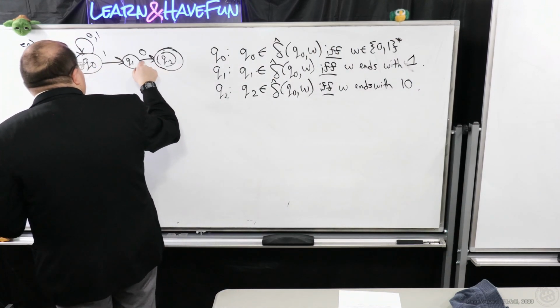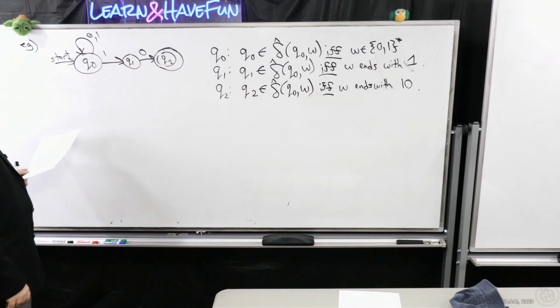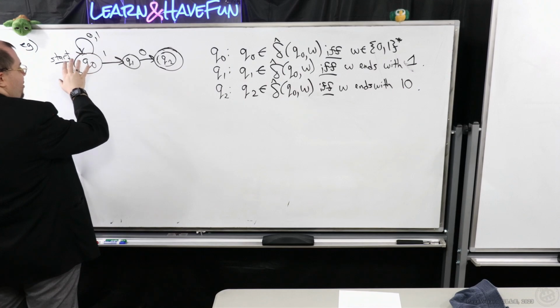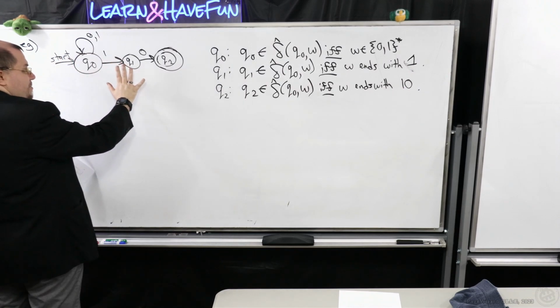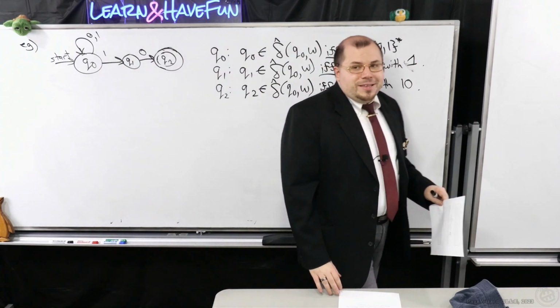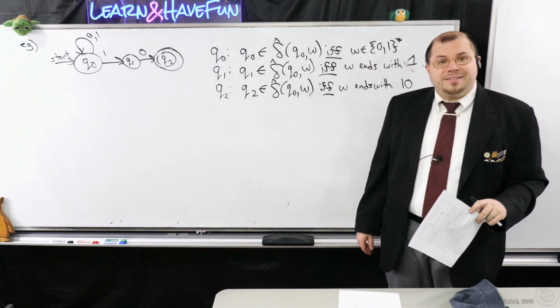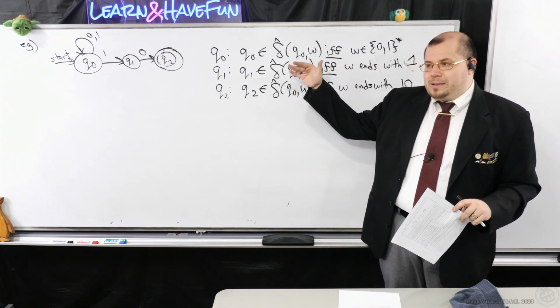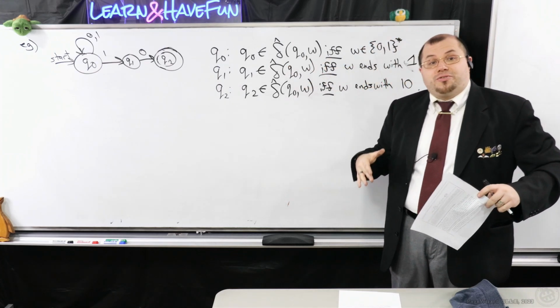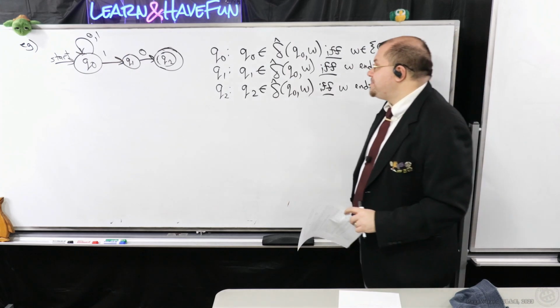Why did I get to Q2? I read the 0 here, right? It's pretty straightforward. However, it could be the case that I read a 1, but I was in Q0, and I could have stayed in Q0, but I could be in Q1 as well. So a very similar thing happens with NFAs. So it's a good idea we carefully go through and see what happens in each case, on each transition, namely.